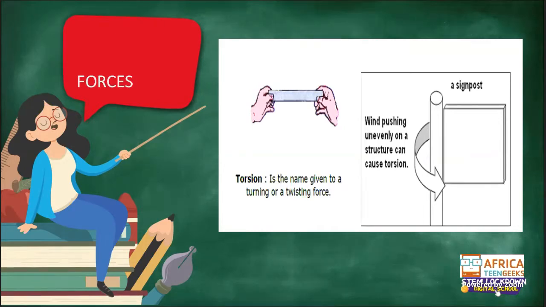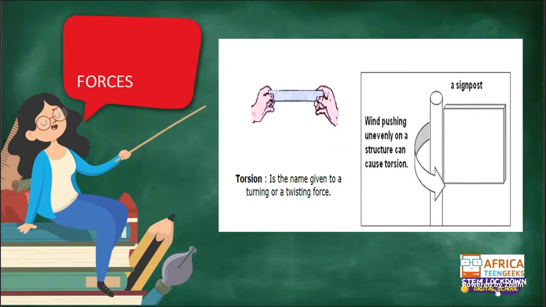We have got two diagrams to illustrate that this gentleman is trying to what? Twist. Now, if you have a signpost, wind pushing unevenly on a structure can even cause what? A torsion. If there is a pivot or a lever there so that this signpost can move about, when the wind is blowing, it can exhibit a kind of torsion because it will make that object twist.